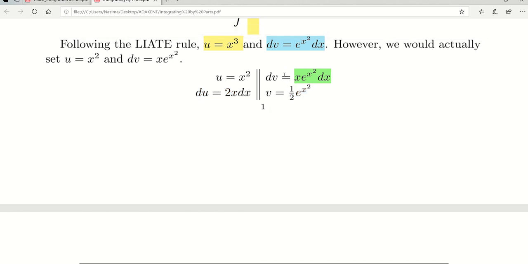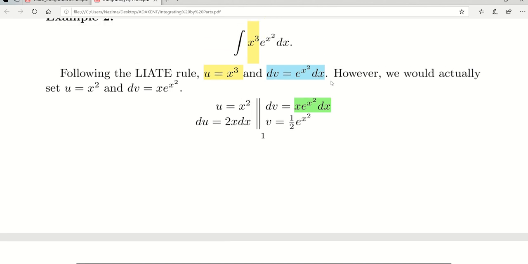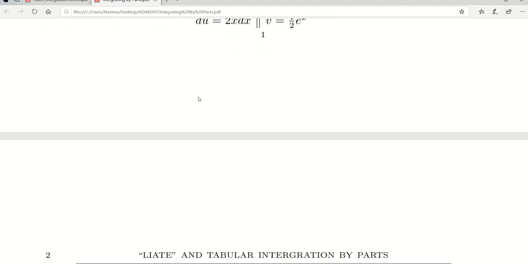The reason that we divide this one again is that in order to take the integral of this part, we need an x. Okay, that's why when we notice it, we divide it into two. We write x to the power 2 multiplied by x, and here we take some part of this as dv. We didn't take exactly x to the power 3, but we divide it into two parts: x to the power 2 multiplied by x to the power 1.